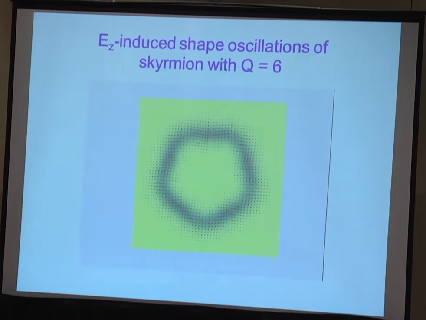For instance, this is one Bloch line where spins point out of center, and another Bloch line where they point inside. These parts have polarization up and down, so when you apply an electric field, you start deforming the shape. Those that have polarization up expand, those that have polarization down contract, and so on.